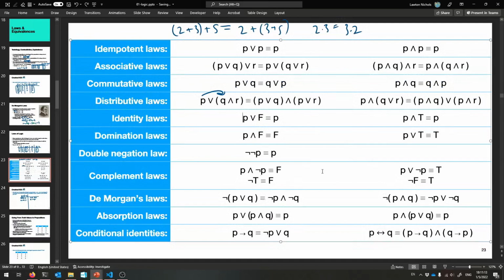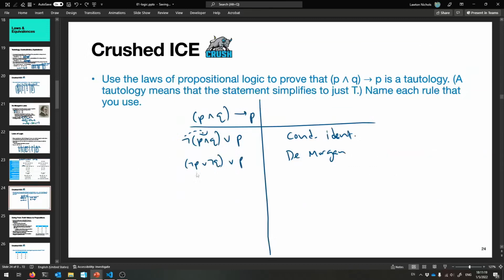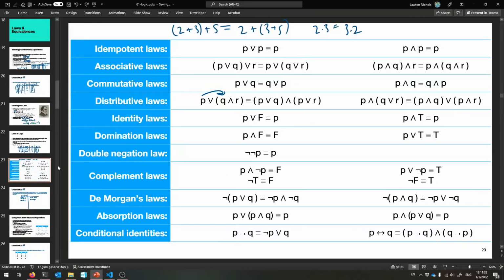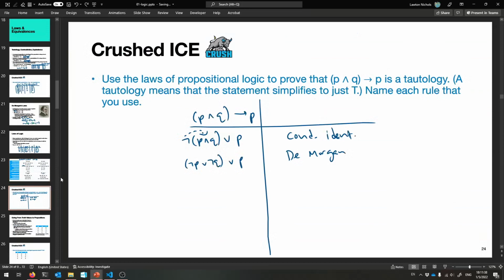Because P or not P just becomes true, right? That is useful to have. Maybe that's what I want. So let's try and get the P and the not P next to each other, so that I can use this rule to make true, because that's eventually what I want. That's going to get me closer to the answer.